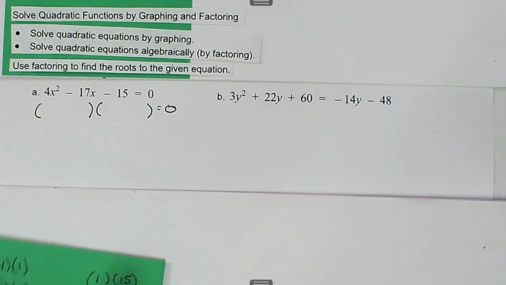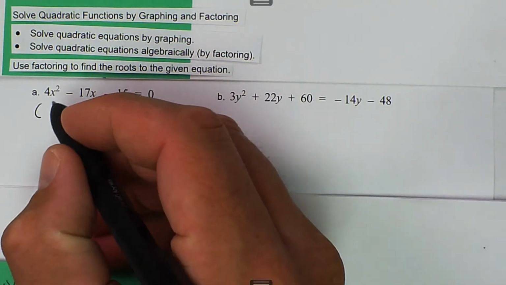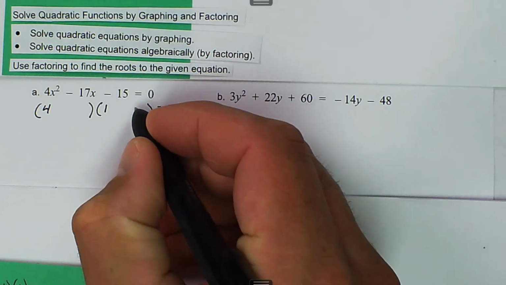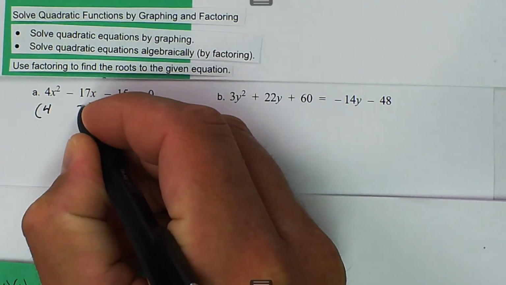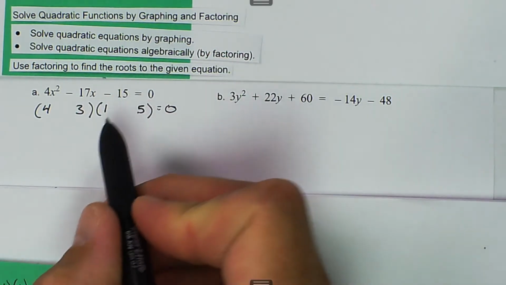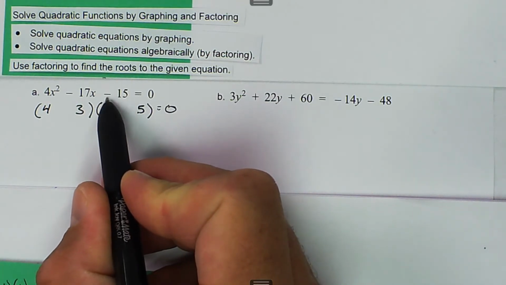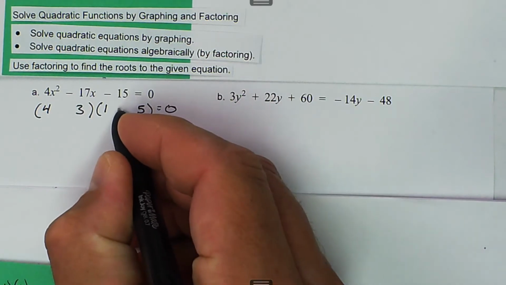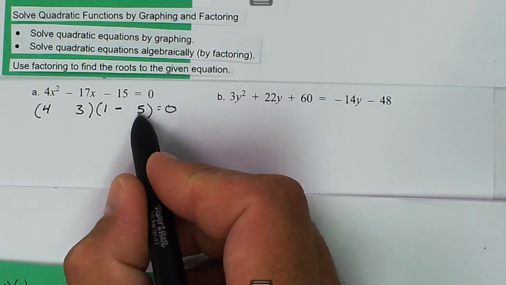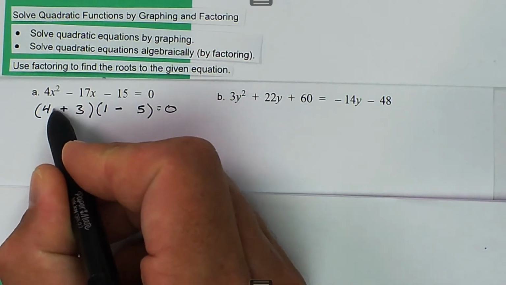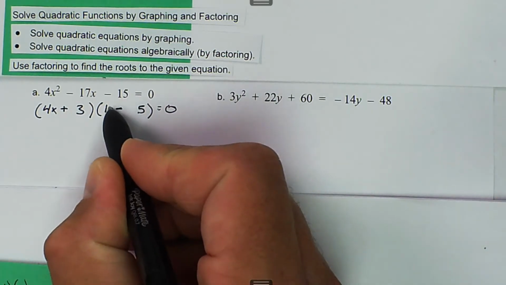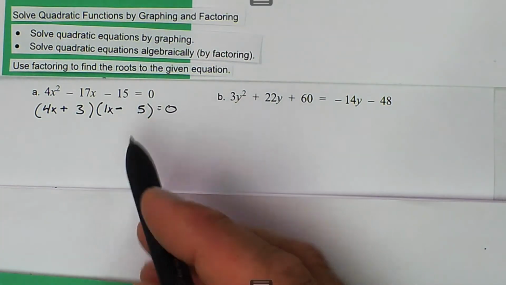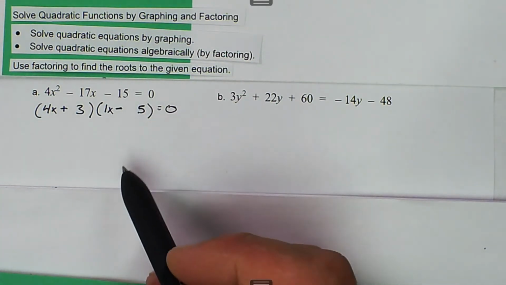So then what we have to do is use the 4 and the 1, and use the 5 and the 3. And we have to multiply to negative 15 and add to negative 17. So the 5 has to be negative and the 3 has to be positive. So we have 4x plus 3 multiplied by x minus 5.